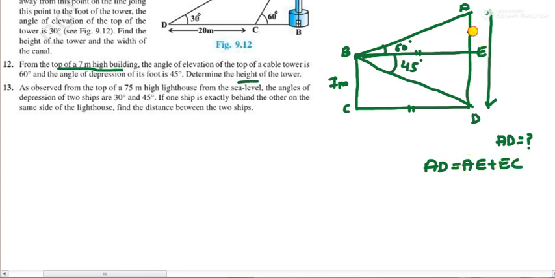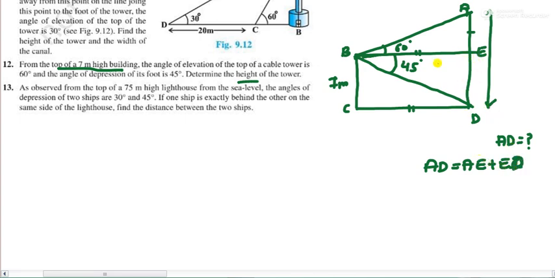Now why you need to find AD? Because AD you can get from this BAE, correct? And ED you can get from BED. Okay, but if you look at here, ED is given already. How can you say that? Yes, sorry, this is ED. I have written it wrong.